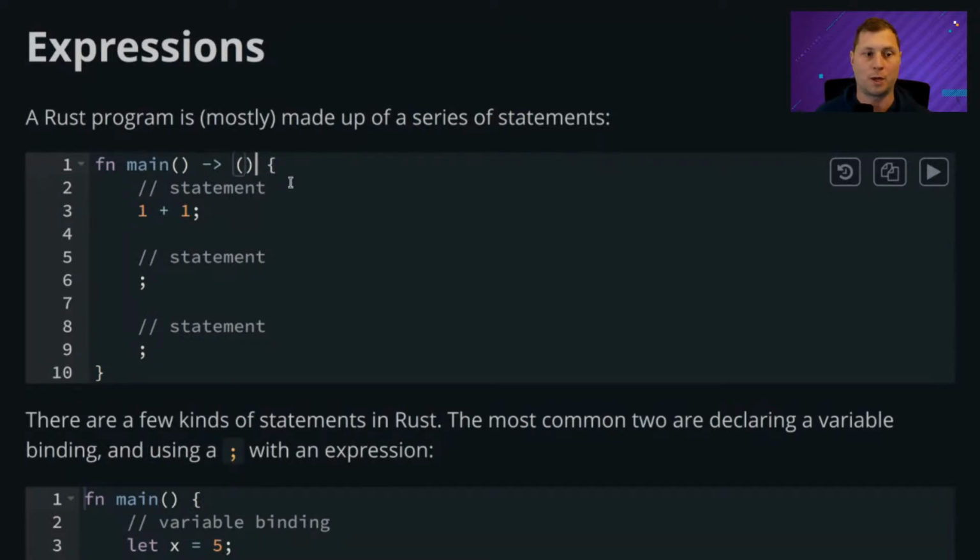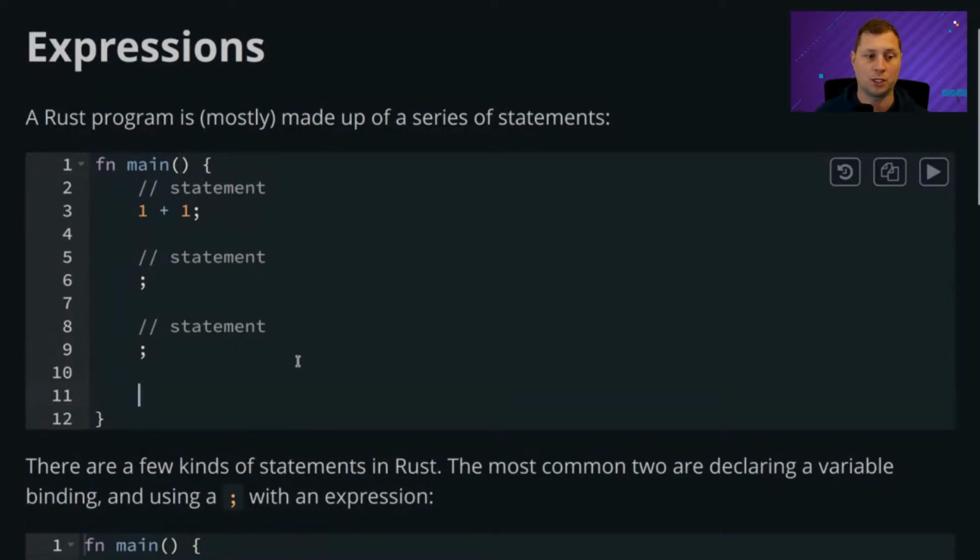So main returns unit implicitly, or any function that is defined without a return value automatically returns unit. It would be the equivalent of me just returning this. And you might wonder why we've got a return keyword here.